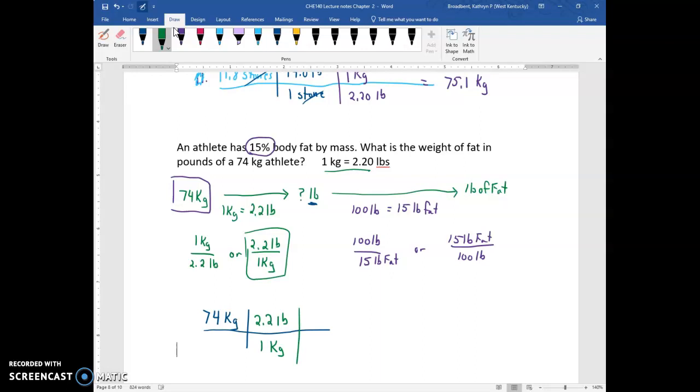Now we have the second conversion to do. We want to change our pounds into pounds of fat. So we want pounds of fat on the top. That's 15 pounds of fat.